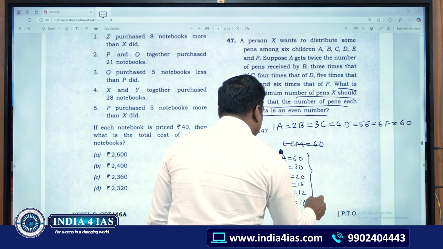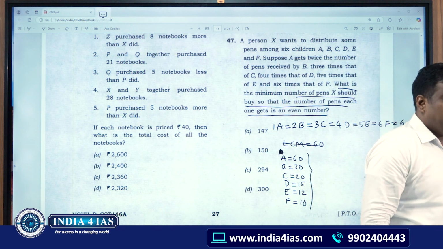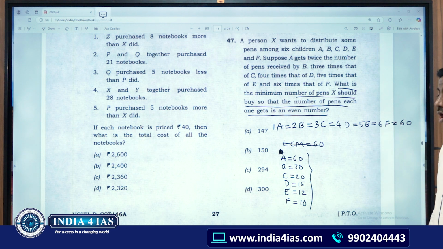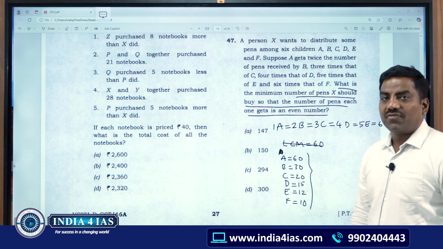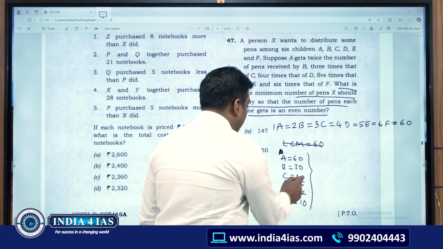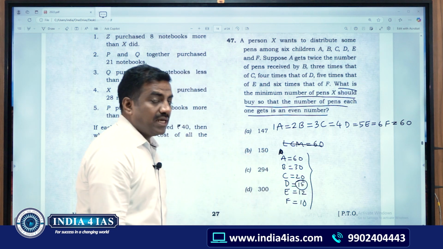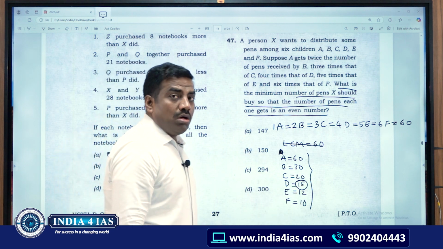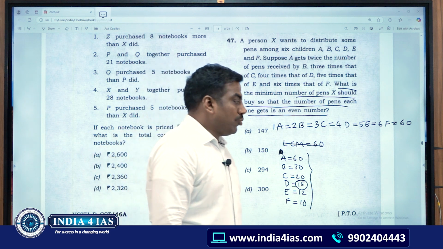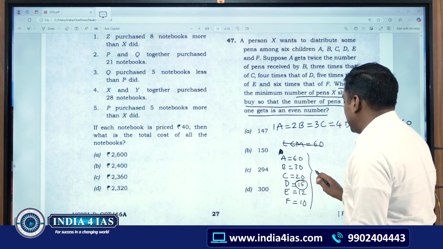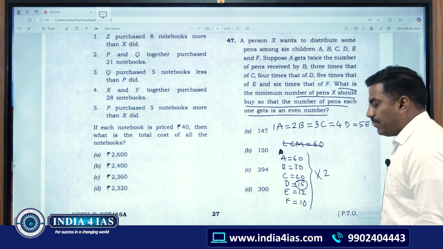So when you compare the number of pens possessed by them, all of them are not even numbers. So look at this, 15 is an odd number. To make that even, we have to multiply each number here by 2.